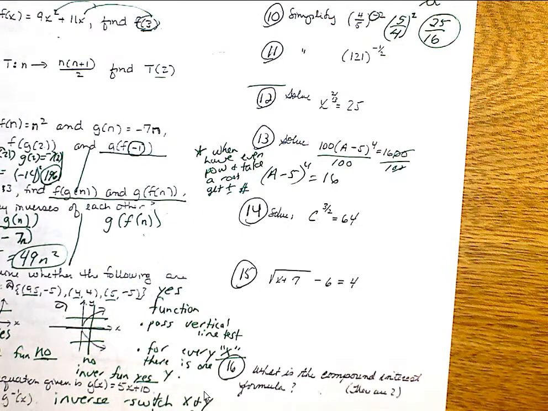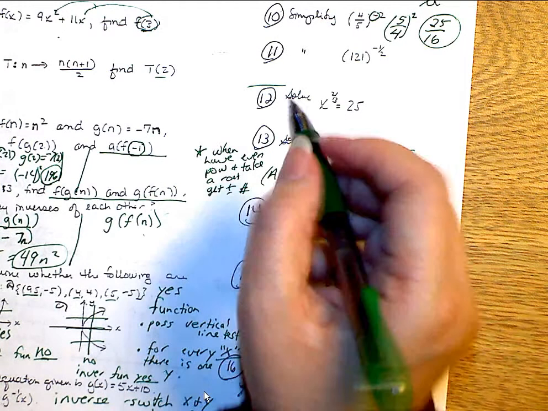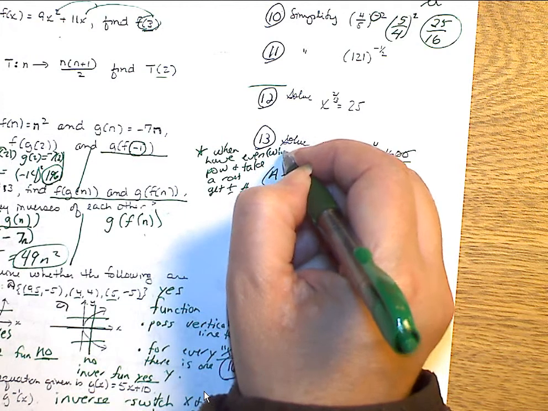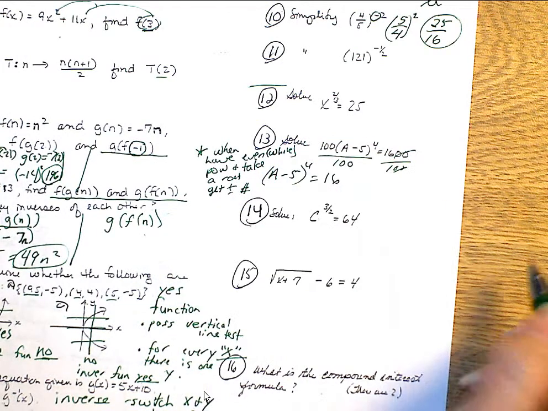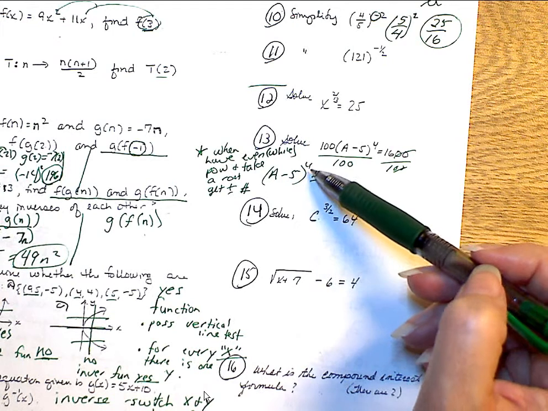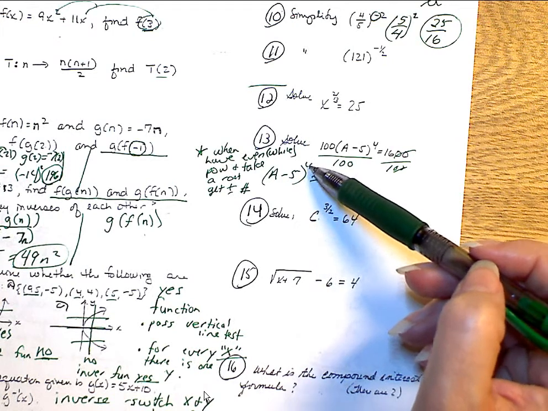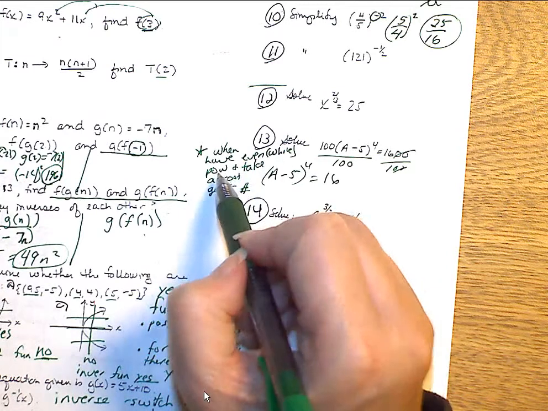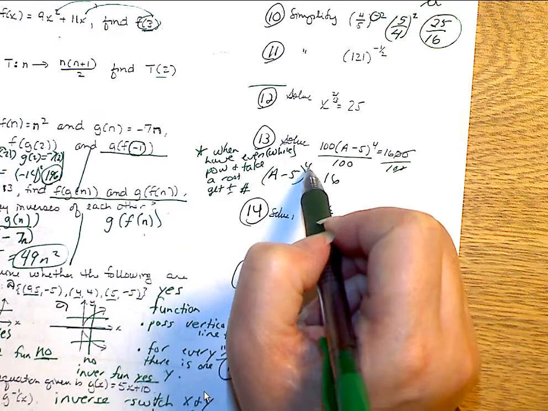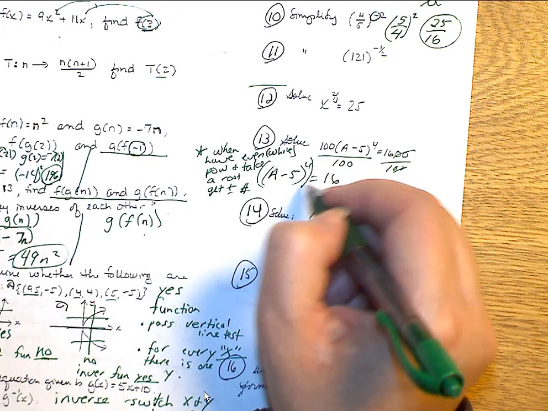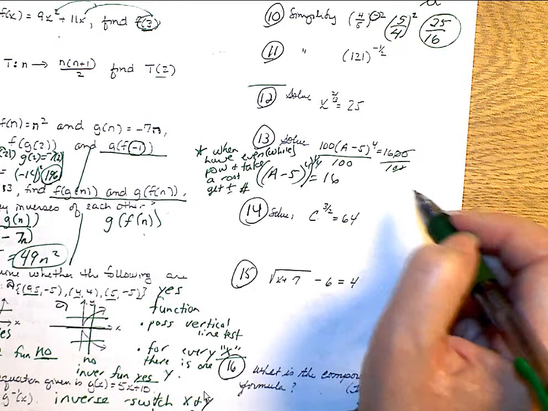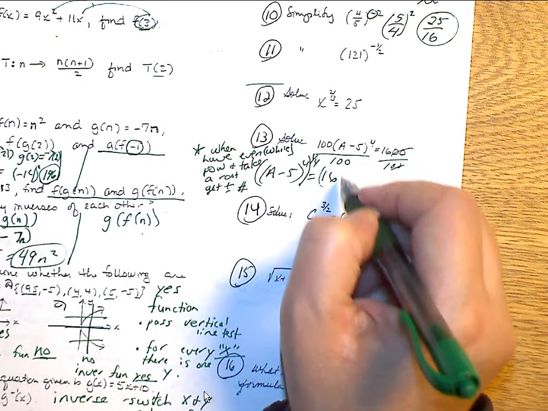And it has to be an even whole number. That's a big thing, because if it's a fraction it doesn't work. So since I have an even whole number as a power, I'm going to take that root, and when I take that root, I'm going to have a plus or minus. So that means I'm raising it to the 1/4. I'm going to raise this side to the 1/4.